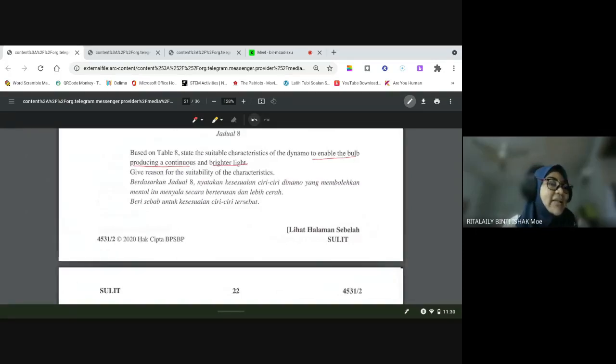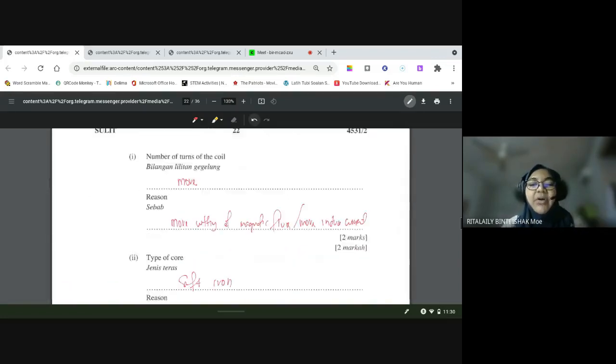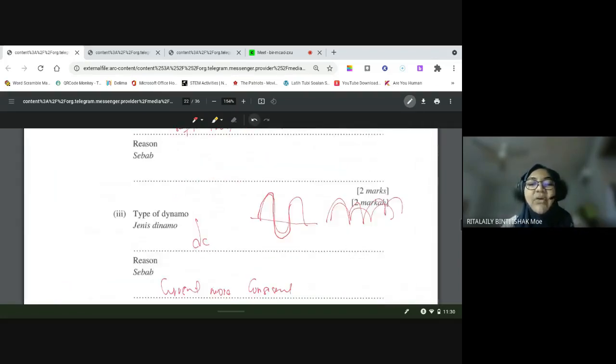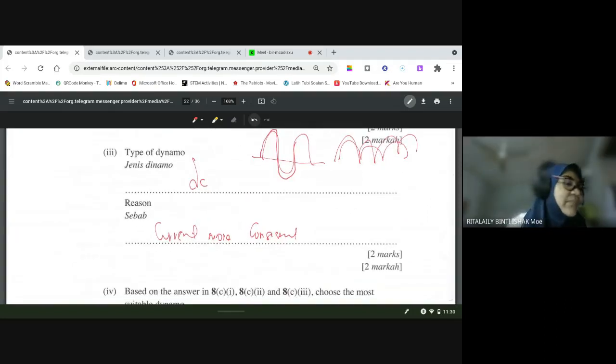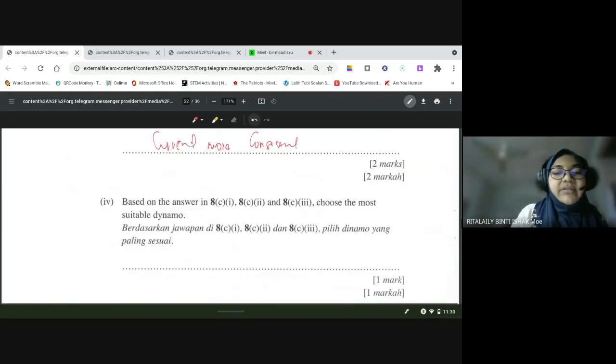So avoid using the word continuous again. Current produced is continuous is less suitable, but consistent is acceptable. Okay. So it's S.